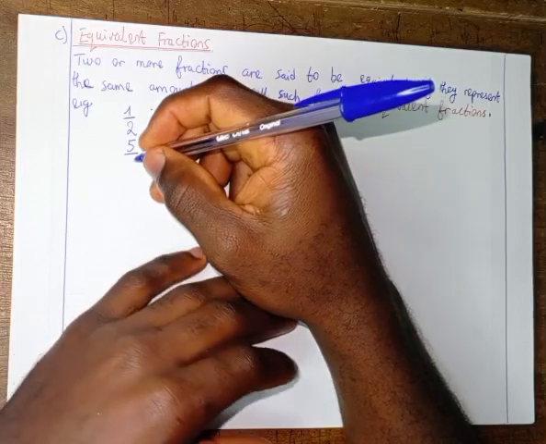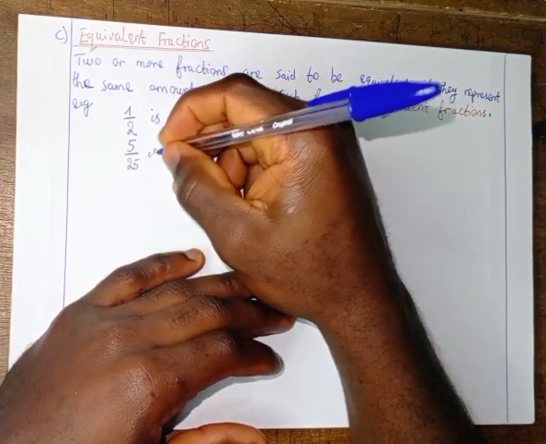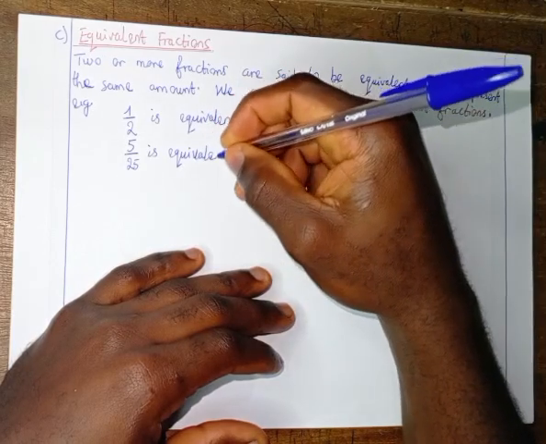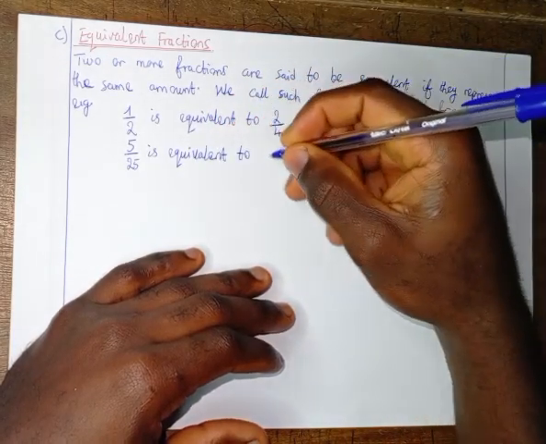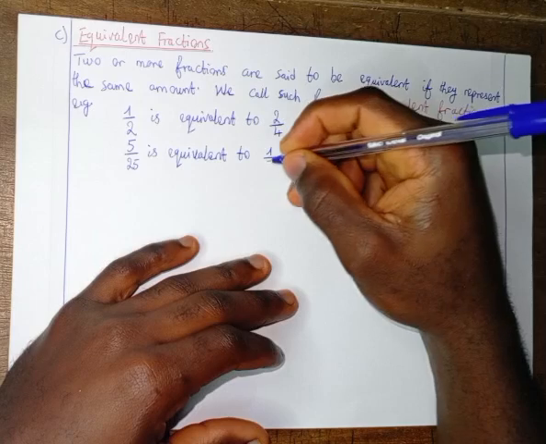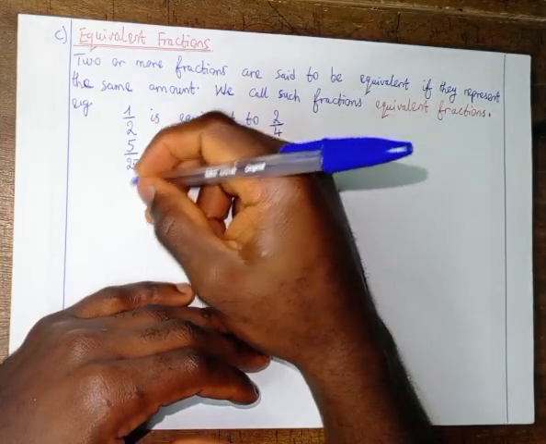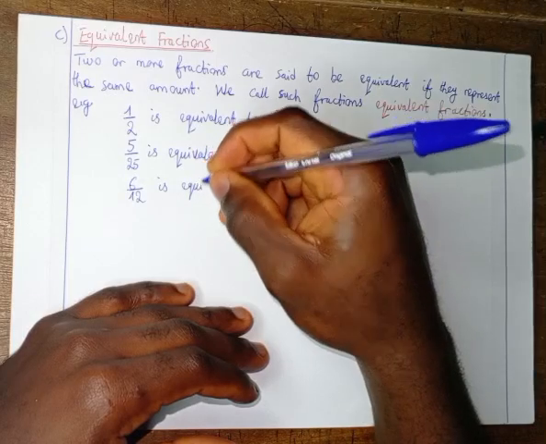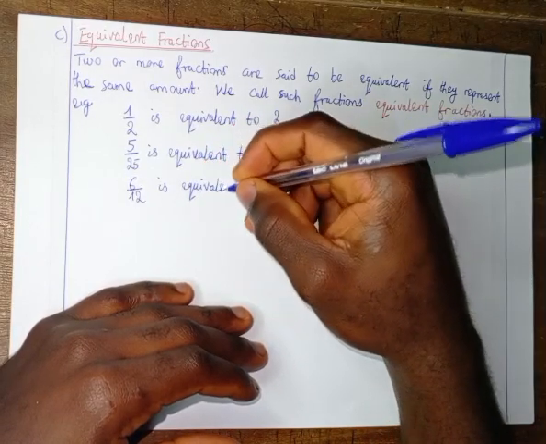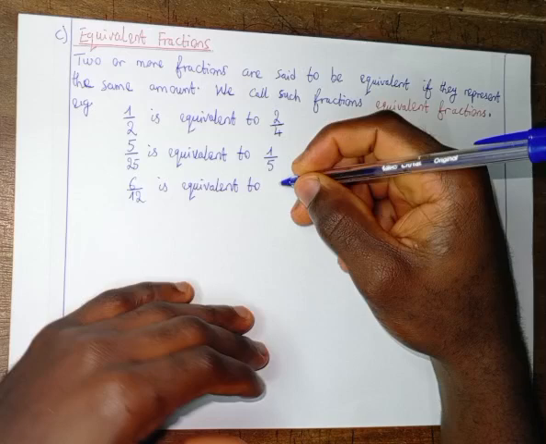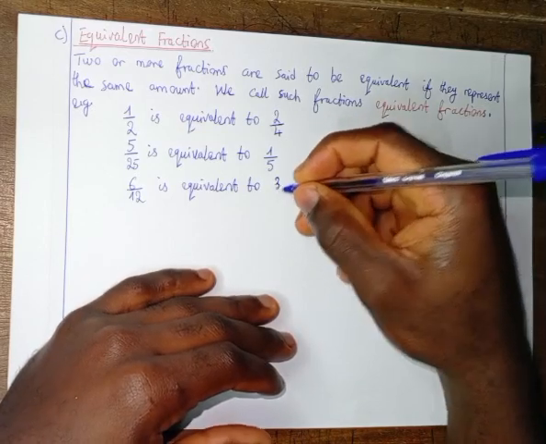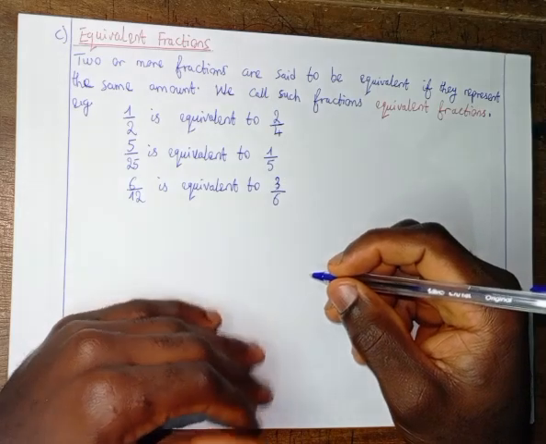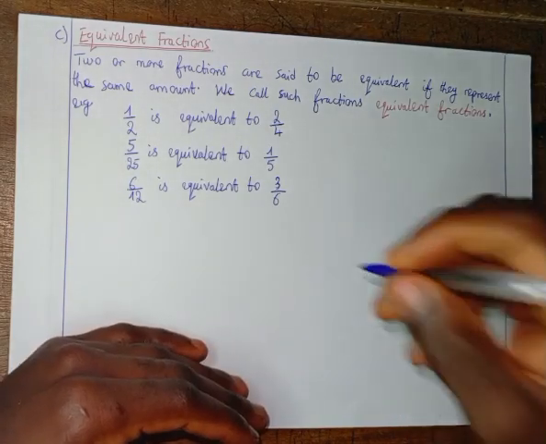The next, 5/25 is equivalent to 1/5. The next, 6/12 is equivalent to 3/6. That means they represent the same amount.